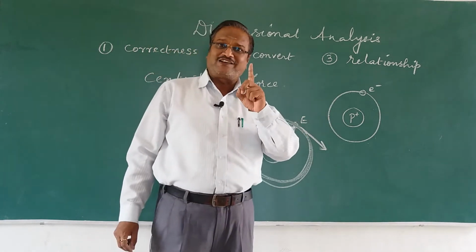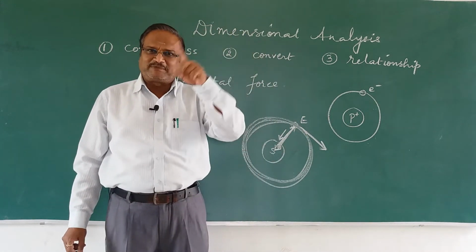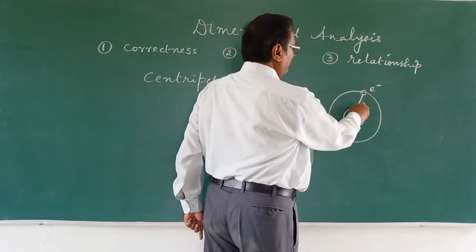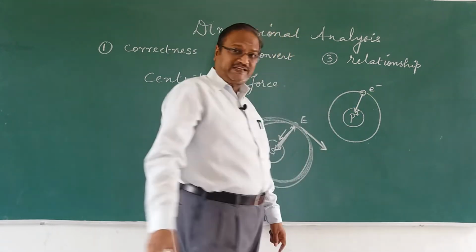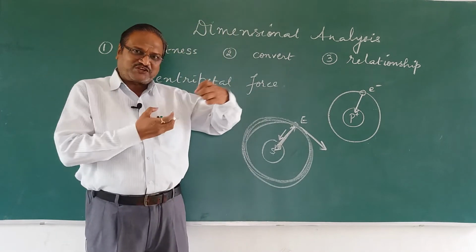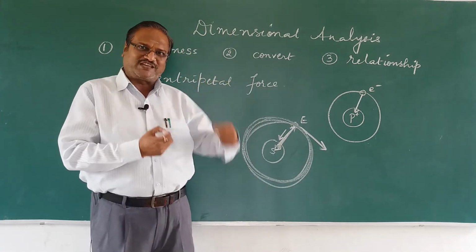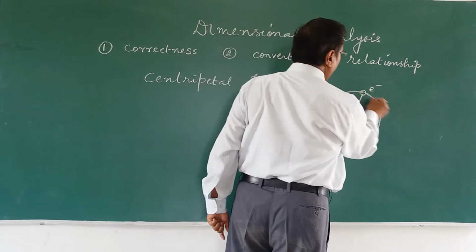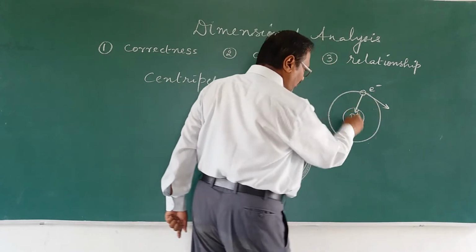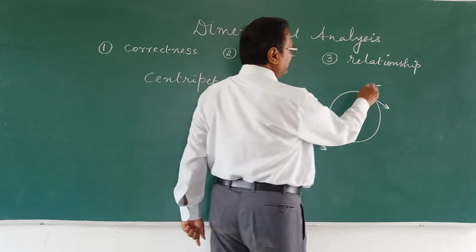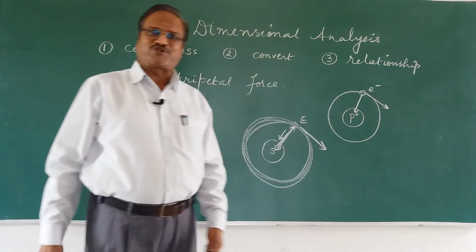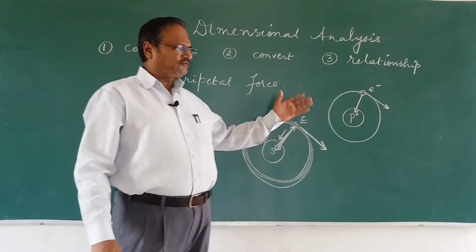Till the electron is in its circular or elliptical orbit, it will not fall into the nucleus. Why? Because there is an electrostatic force of attraction pulling it. But in order not to fall into the nucleus, the electron has to maintain its circular motion. This is something we will study later.